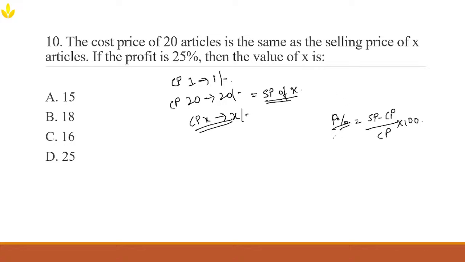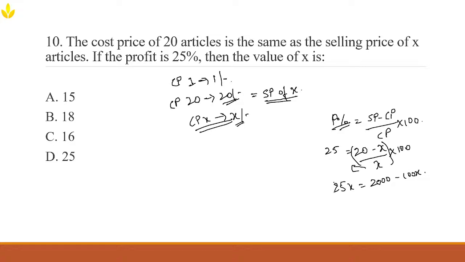So here the profit percentage is given as 25, and the selling price of X articles we already know is 20, minus the cost price of X articles, taken as X, divided by X, into 100. So X goes to this side, and that becomes 25x is equal to 2000 minus 100x.